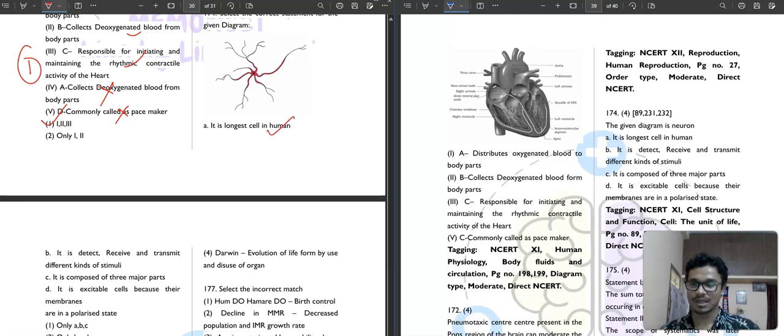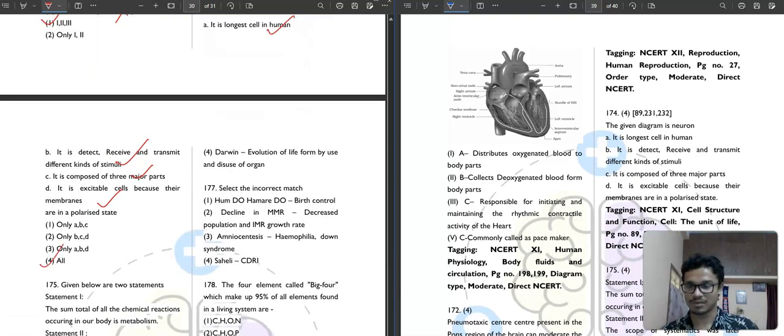Correct. Then B, it detects, receives and transmits different kinds of stimuli. Correct. It is composed of 3 major parts. It is also correct. Then it is excitable cells because their membranes are in a polarized state. Correct. So all of these are correct. So the fourth option is your correct answer for this question.